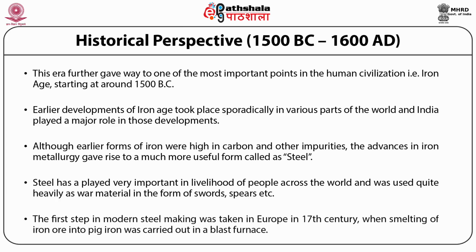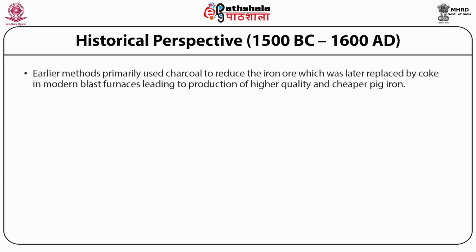The first step in modern steel making was taken in Europe in the 17th century when smelting of iron ore into pig iron was carried out in a blast furnace. Earlier methods primarily used charcoal to reduce the iron ore, which was later replaced by coke in modern blast furnaces.